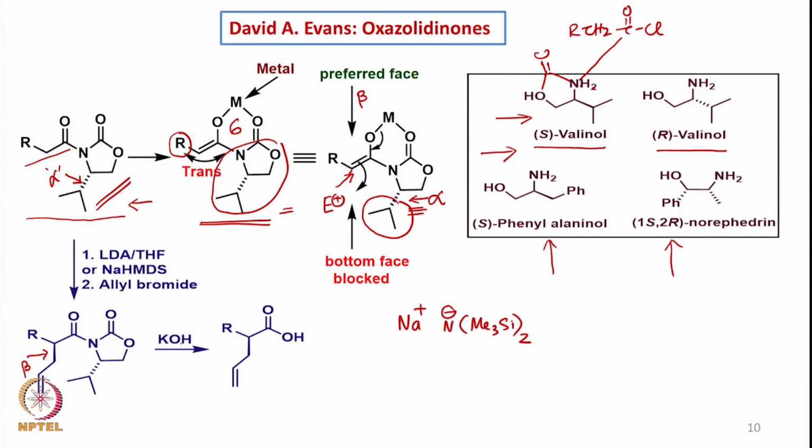Then we can hydrolyze it with the base, and the hydrolysis takes place here and we get the corresponding acid in a very high enantioselective pure product. Of course, the auxiliary comes out and you can recycle the auxiliary. So this is how the enolate reacts with an electrophile in an alkylation fashion.